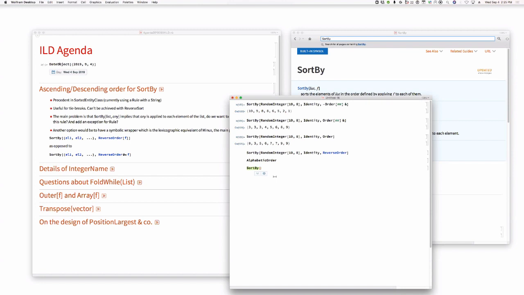So I understand. Okay, so reverse order in this form is just a negation of the order function. So that's fairly straightforward.